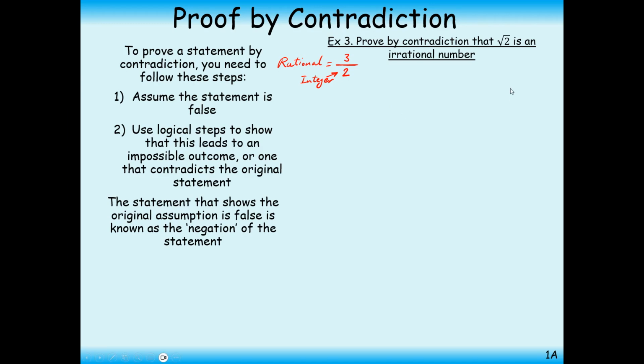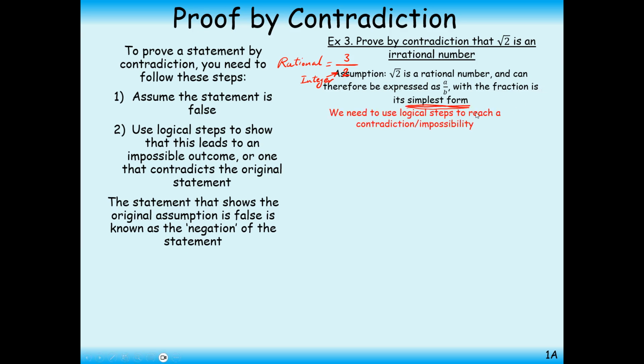So for contradiction, we are going to assume that actually the square root of 2 can be written as a fraction a over b, and a over b is in its simplest form. So what we're saying is that the square root of 2 is a over b.